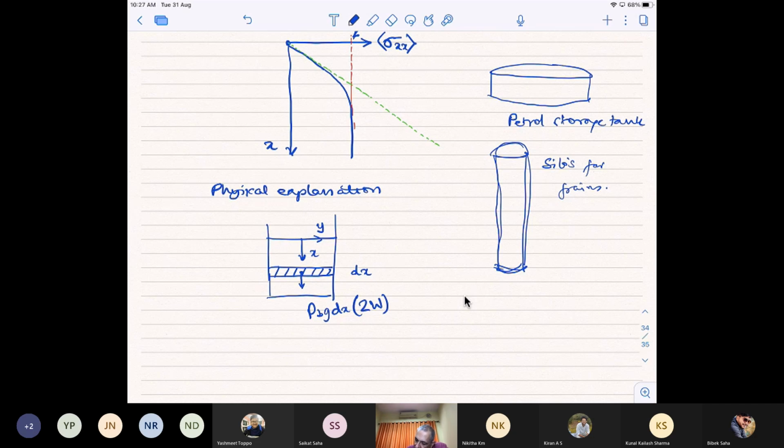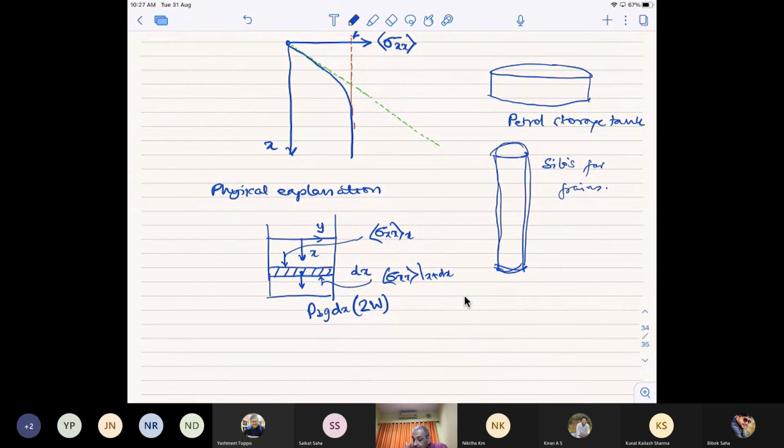And then there is this force that is acting over here. It will be like sigma xx at x, and then there's a reverse force that is acting over here, that is sigma xx at x plus dx. So that is acting in the opposite direction.